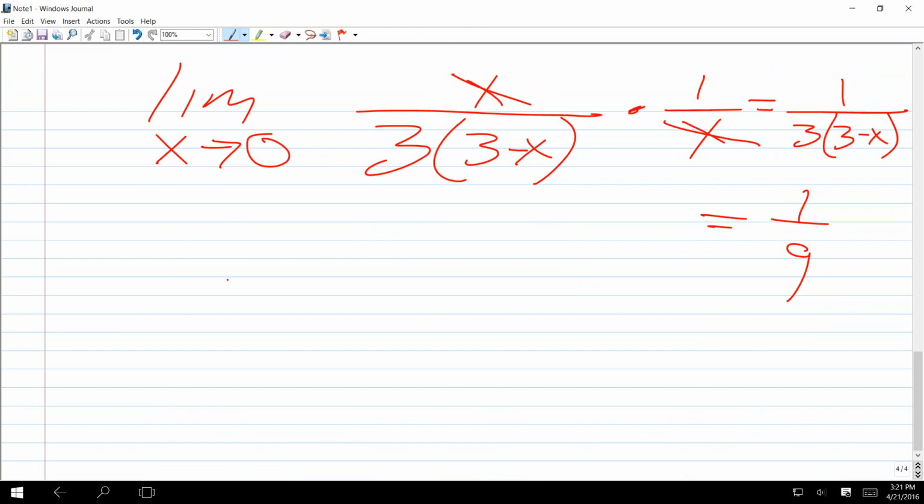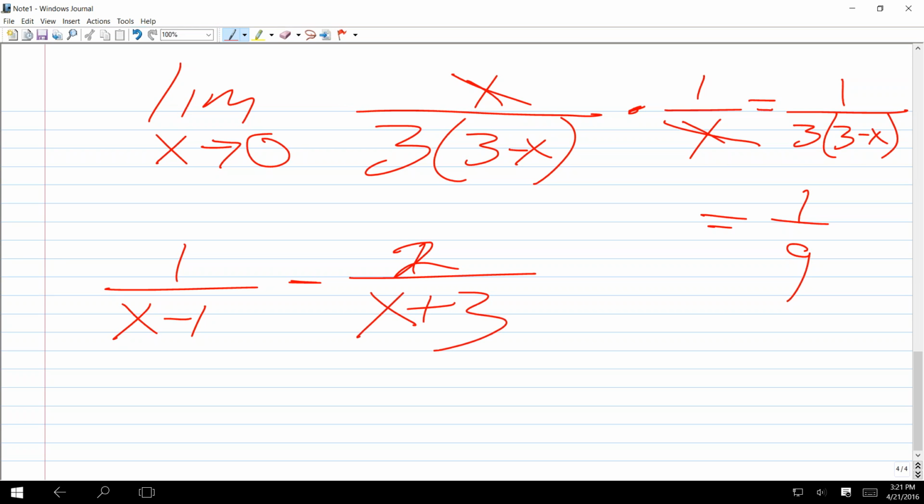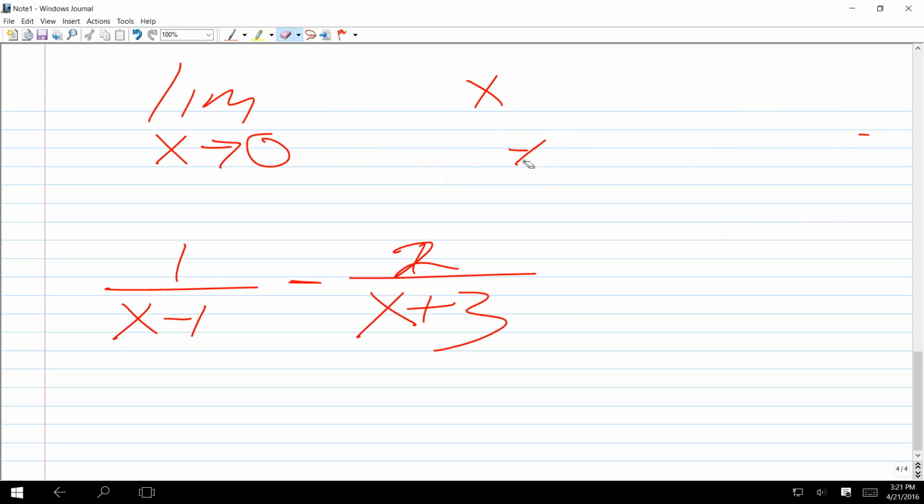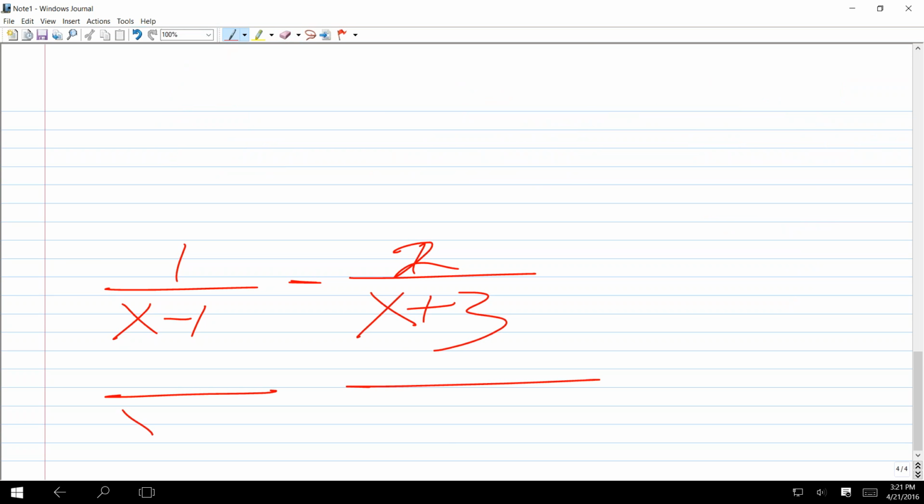If I said, what is 1 over x minus 1, minus, now let's make it 2 over x plus 3, how do you do that operation? So common denominator. You would multiply. Don't always leave it in factored form. Don't waste the time to multiply it out, because you're not going to need it multiplied out.